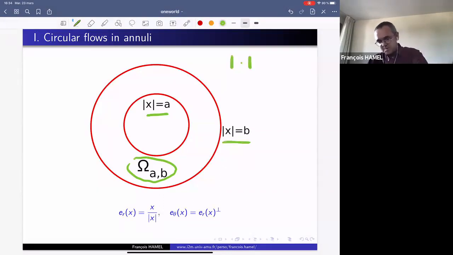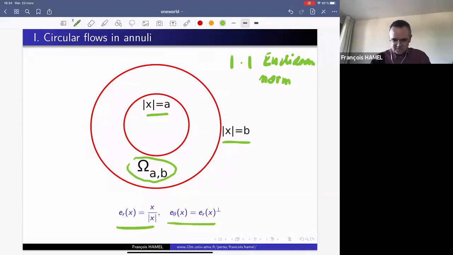E_r denotes the radial vector, x over the norm of x, and E theta the perpendicular, tangential vector. So we consider this type of domain, a regular annulus where A and B are given positive real numbers with A less than B.